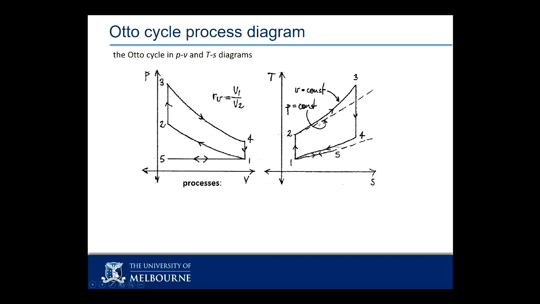The constant volume lines take me to a higher temperature. So with the same heat addition, that's my constant pressure line, that's my constant volume line. Constant volume, isentropic, constant volume, isentropic. That's my Otto cycle for a thermodynamicist. For you guys, for now.